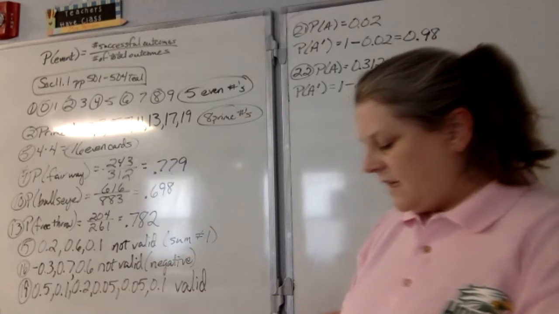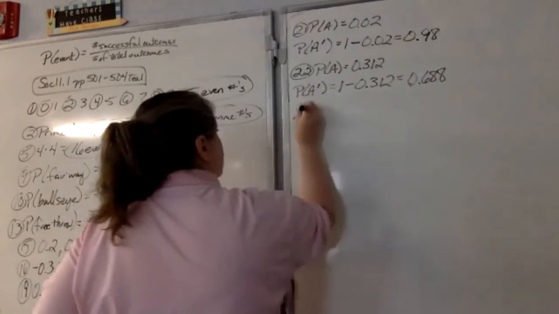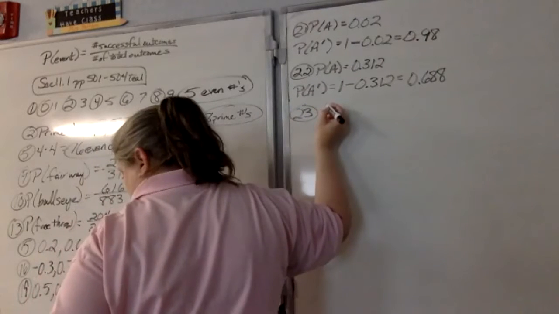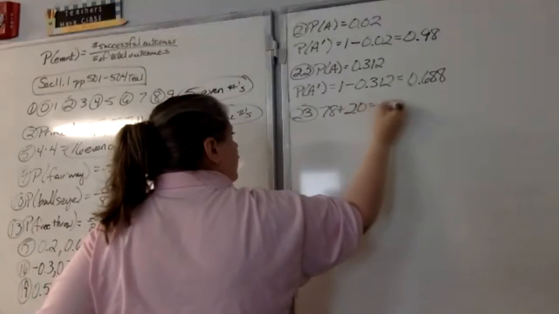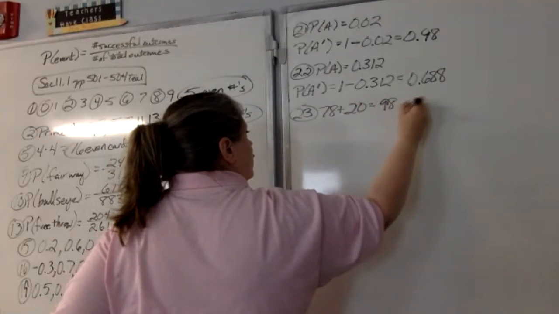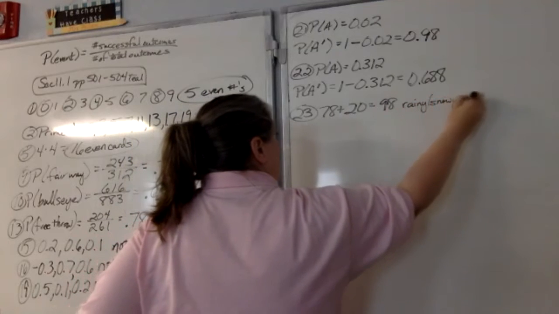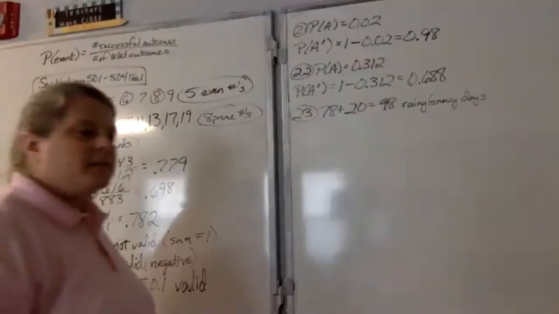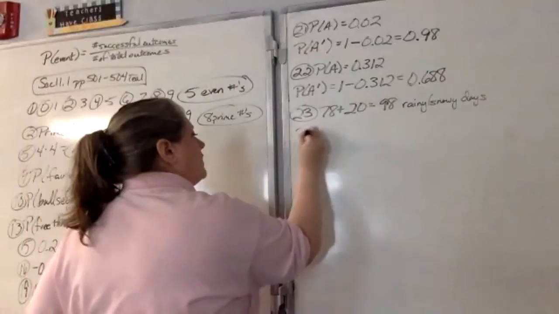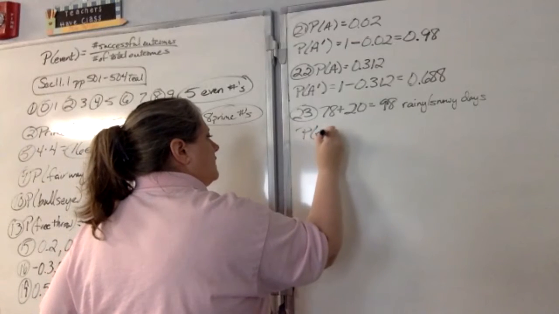So how many days were rainy and snowy? It was 78 plus 20, so you have what? 98. You have 98 rainy, snowy days. Okay? Everybody agree with that?